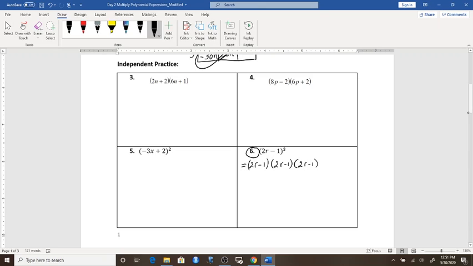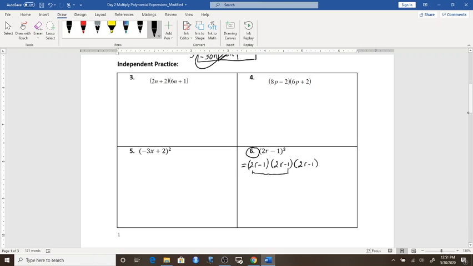Well, since we have a product of 3 terms, we cannot make a single box in this case. What we're going to do instead is focus our attention on the first two terms, any two terms, they're all the same, right? And the answer we get from here is going to be multiplied by 2r minus 1. So this means we need to repeat this process at least one time, right?